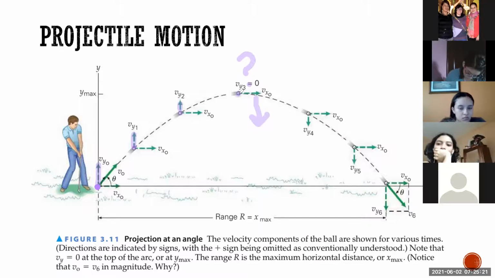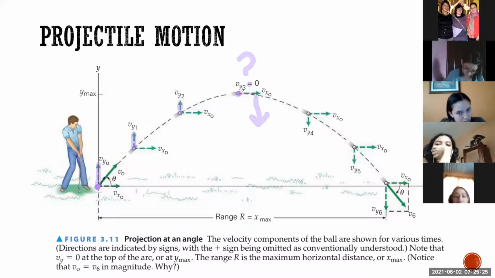But at the highest point, the velocity in y is 0. Because, as I told you, for a fraction of a second, the object stops moving, at least vertically. And then it begins the negative velocity, because it's coming down, and it's coming down at a higher velocity.